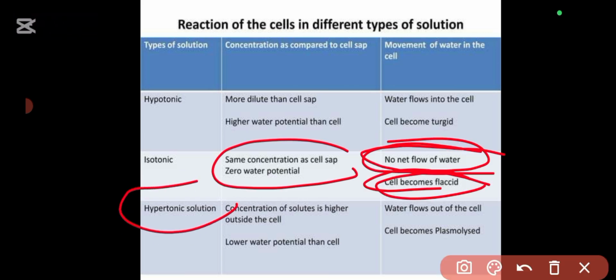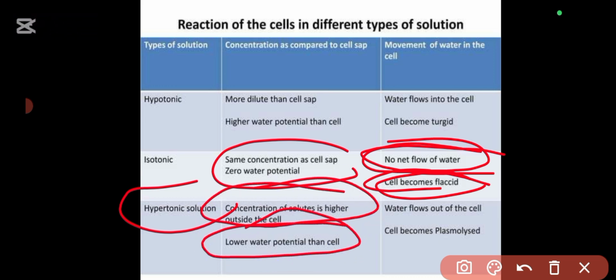Then for hypertonic solution, it means that there is more concentration outside the cell than inside the cell. That is, the outside of the cell is more concentrated than the inside. So the concentration of solute is higher outside the cell and there is lower water potential than in the cell.